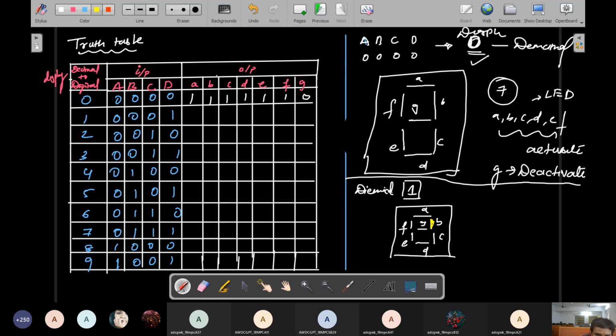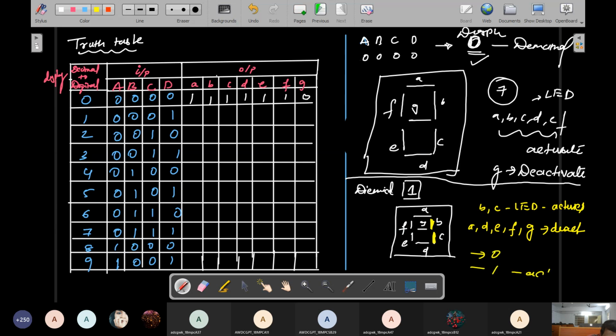I used colors here. Therefore B and C LEDs are activated, and the remaining A, D, E, F, G are deactivated. So simply put 0 for deactivated and 1 for activated.